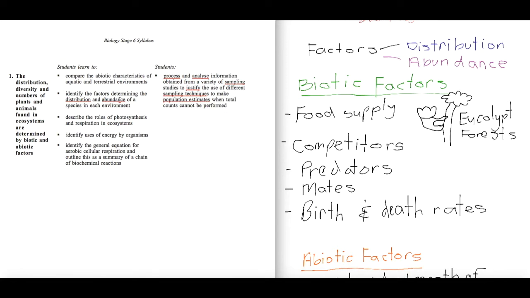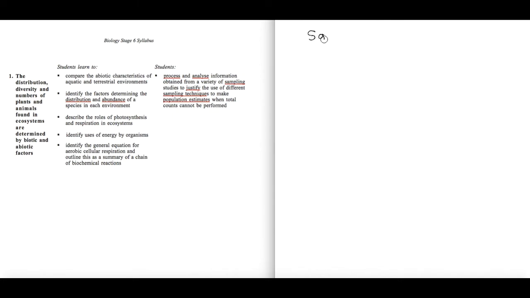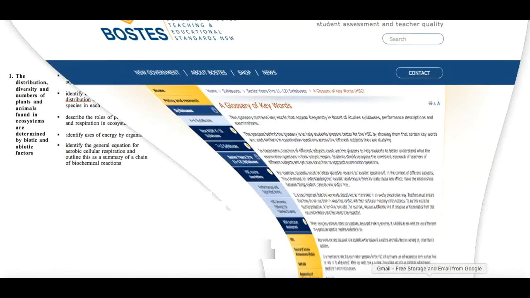So what this dot point is asking us to do is to look at different sampling techniques that can be used to measure the abundance. So techniques that can be used to estimate the size of a population. Now, an important verb is being used in this dot point: justify. So what does justify mean?